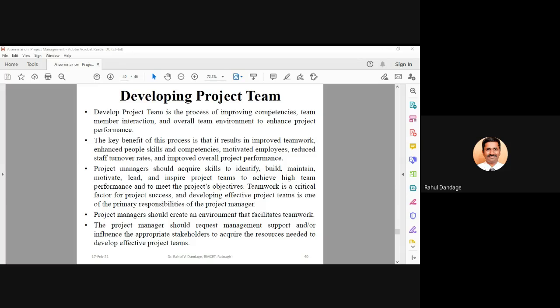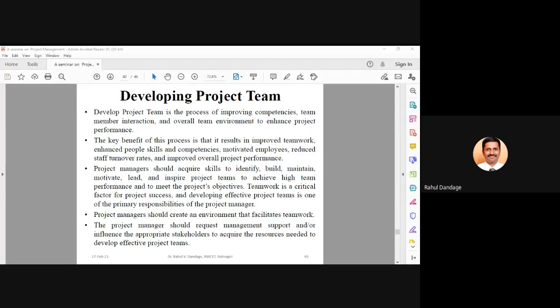The competencies of your project team members, it should be improved, it should be enhanced. The interaction between your team members, it should be improved, it should be increased, and the overall environment in your team, it should be also healthy for the development, working, and progress of the team members.